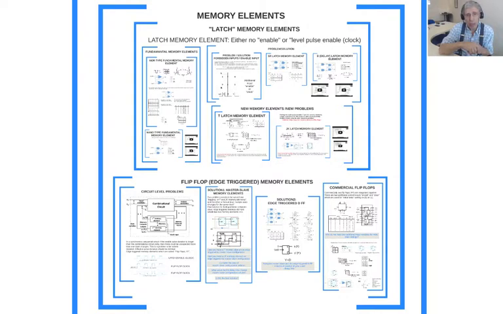But we had a basic problem with these fundamental memory elements: the forbidden inputs. For the SR type memory element, the forbidden input is 1, 1. For the S star R star type fundamental memory element, the forbidden input is 0, 0.